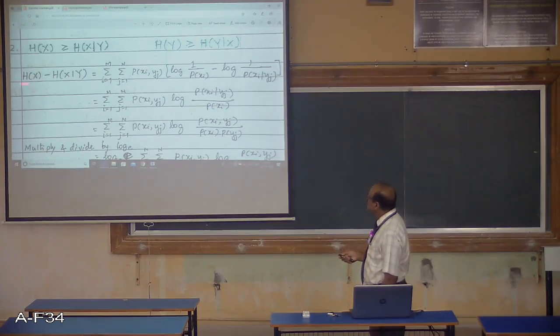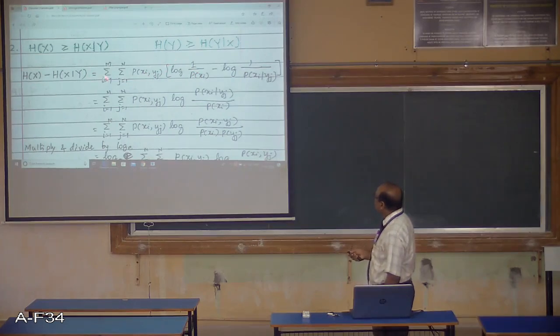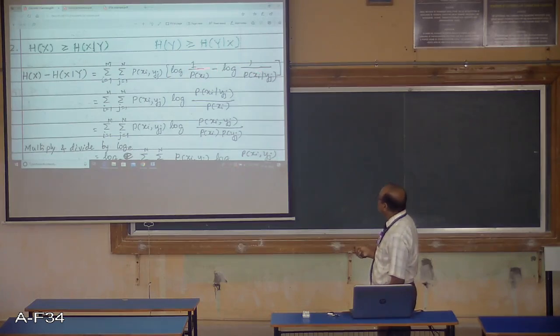we substitute the basic relations, taking this common. We have log a minus log b, which is the log a by b relation here.